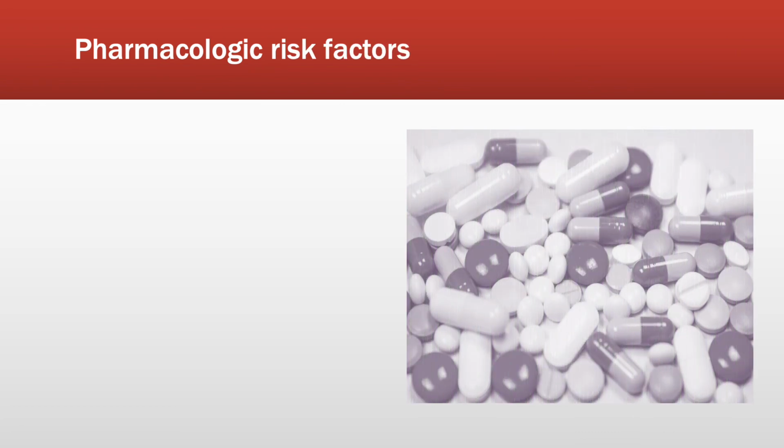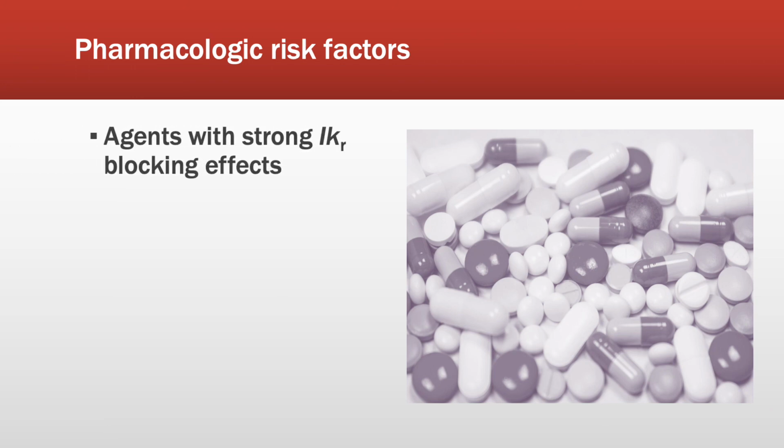Some drugs also tend to predispose people towards TDP. For example, the proarrhythmic effects caused by antiarrhythmic agents that have strong blocking effects on IKr. Such agents are considered risk factors for TDP.